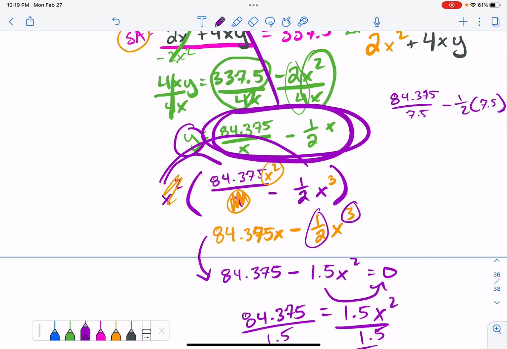You guys are not allowed to do any complaining about how cumbersome and ugly this is, because I am sitting here with a phone calculator trying to do this. This is 11.25 minus half of 7.5, which is 3.75, I believe.